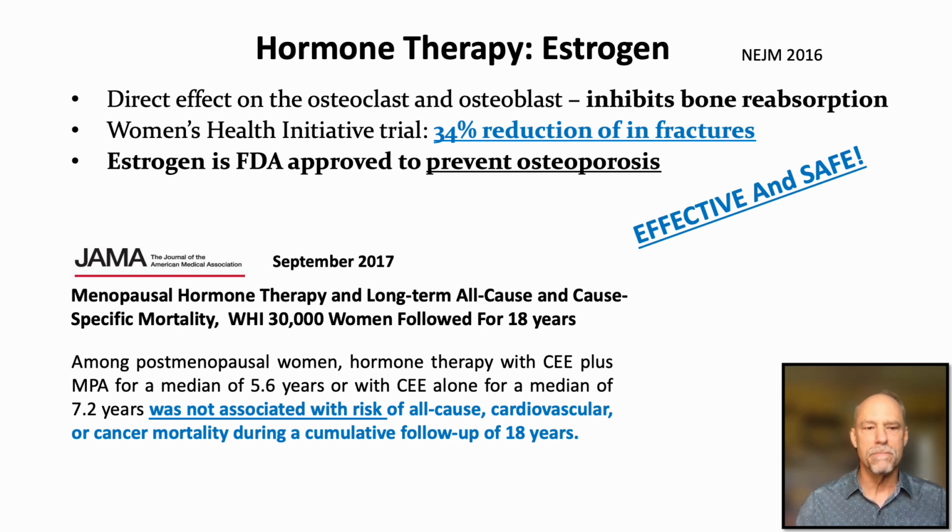This is a JAMA article from September 2017, menopausal hormone therapy and long-term all-cause and cause-specific mortality. In short, it is effective and safe. Among postmenopausal women, hormone therapy, and here they use conjugated equine estrogen instead of the estradiol bioidentical that we would typically use for a patient these days, for a median of 5.6 years, or CEE alone for a median of 7.2 years, was not associated with risk of all-cause mortality, cardiovascular, or cancer mortality during a cumulative follow-up of 18 years.